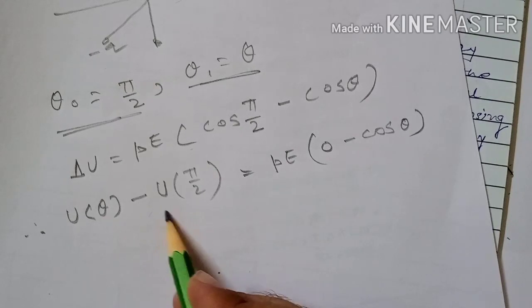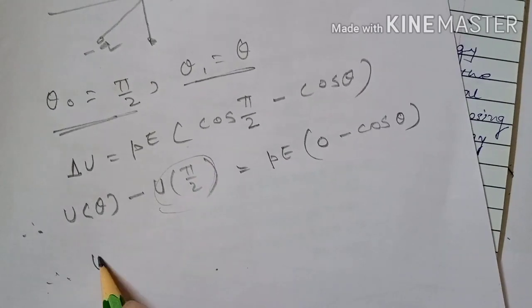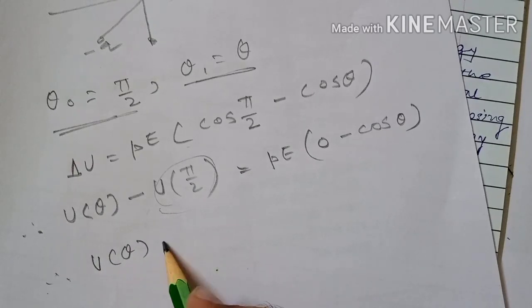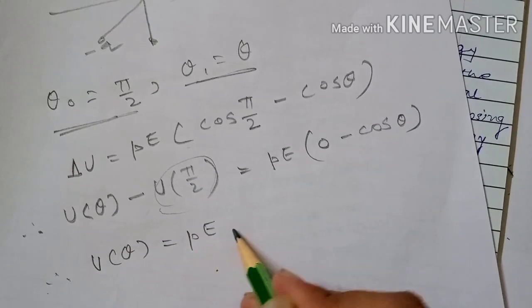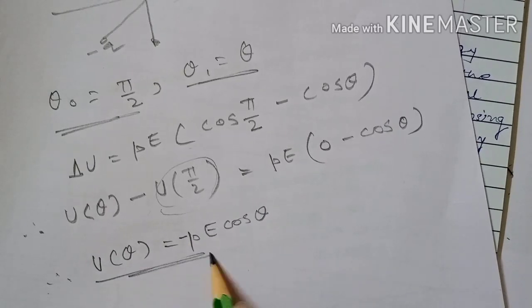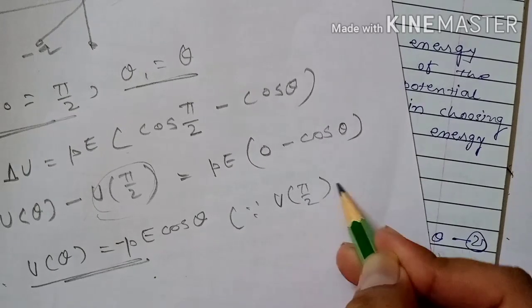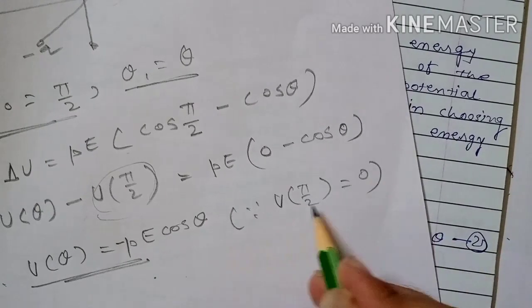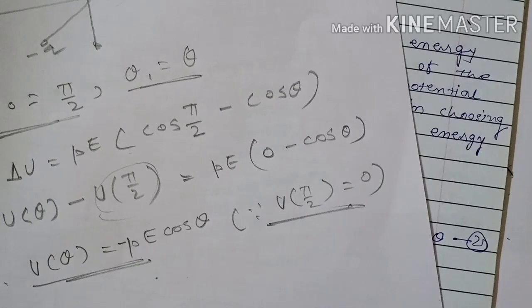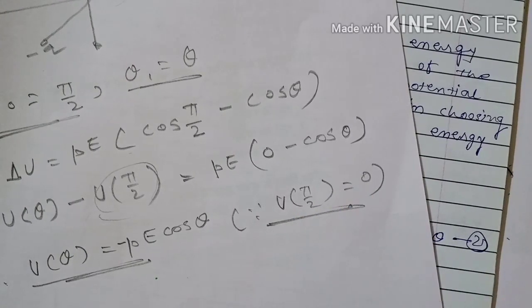If I take the potential energy at angle pi by 2 as 0, then it can be written as U theta is equal to minus Pe cos theta, because the potential energy at angle pi by 2 we have taken as 0. This is the reference angle. At this angle we are considering potential energy 0.